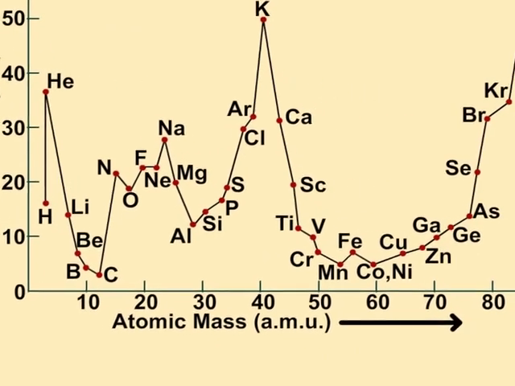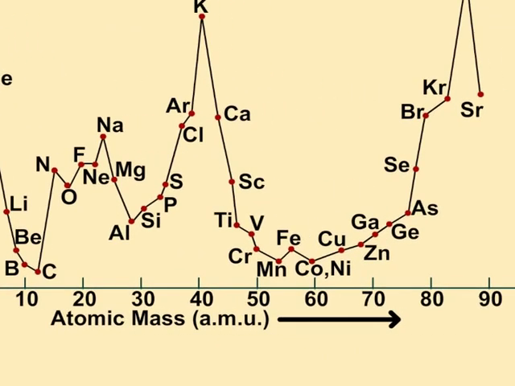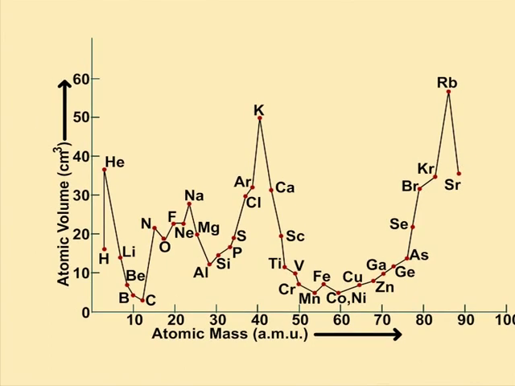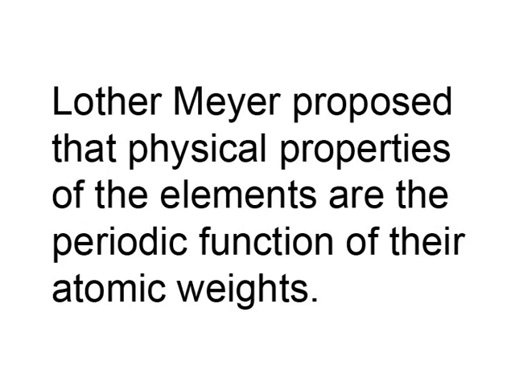The electronegative elements like fluorine, chlorine, and bromine occupy the ascending positions on the curve. On the basis of these observations, Lothar-Meyer proposed that physical properties of the elements are the periodic function of their atomic weights.